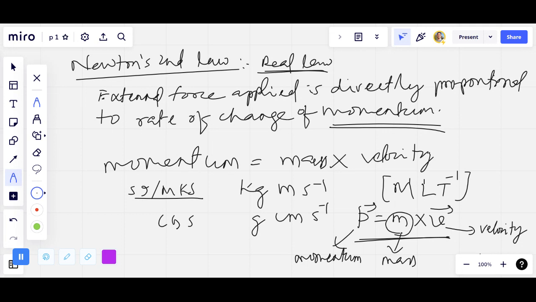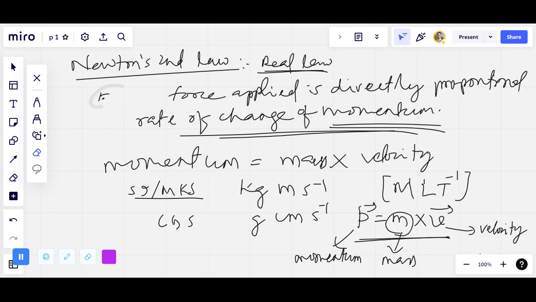I hope everybody is clear. According to Newton's second law, external force applied is directly proportional to the rate of change of momentum. So when momentum is changing with respect to time, we get force. Force is the time derivative of momentum.